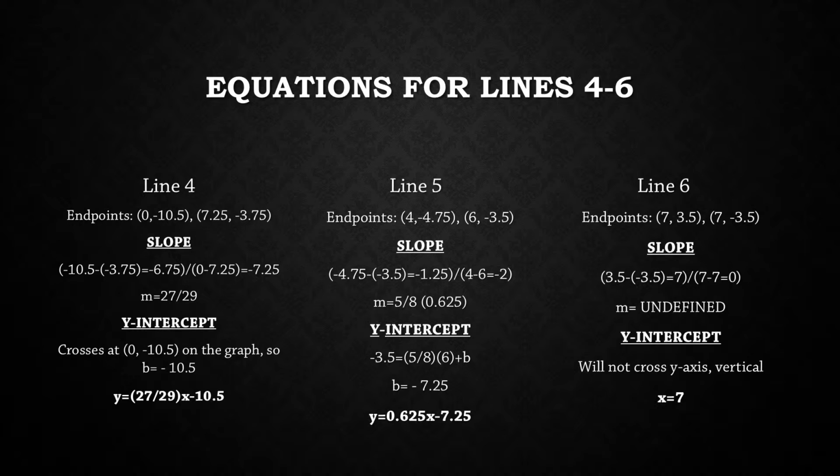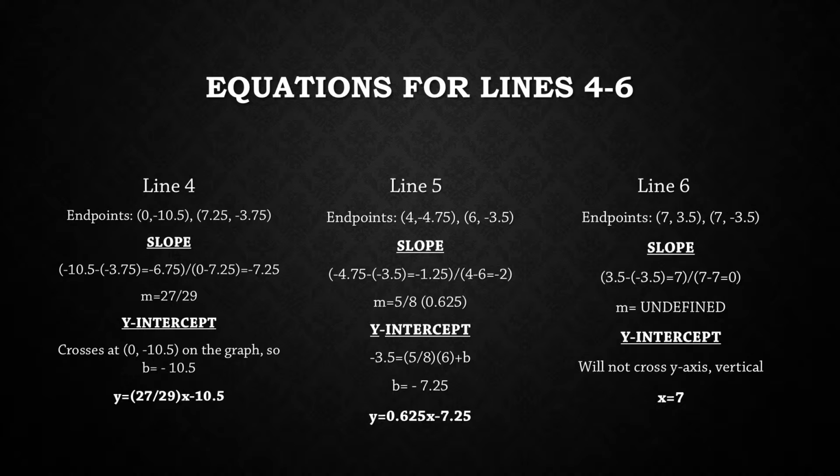The only reason I didn't write the other ones in decimal form was because dividing by 29 would have left me with a very long decimal. We can find the y-intercept by plugging in the values for one coordinate along with the slope that we've already found into the y equals mx plus b form, and then just isolate the variable b.